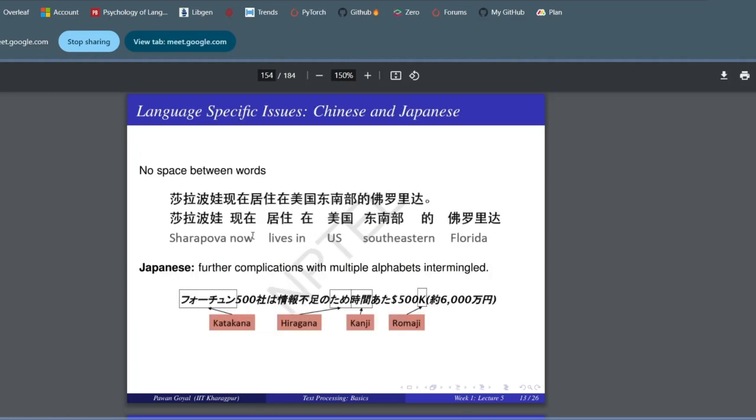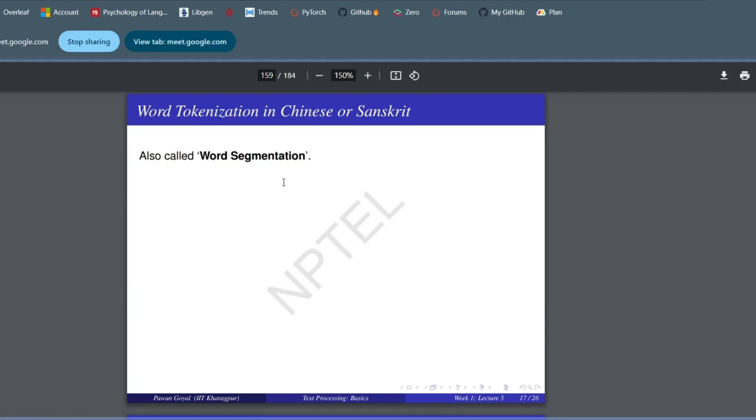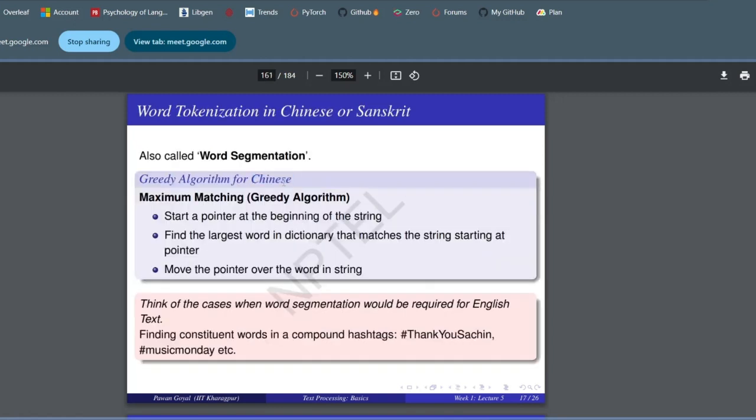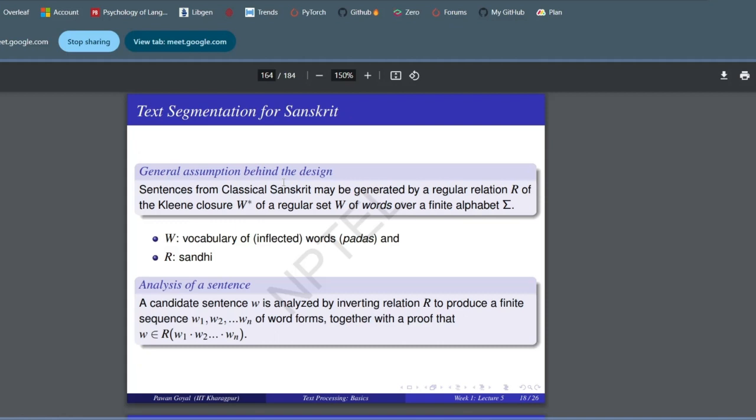So this is for Chinese, right? A greedy algorithm for Chinese specifically. I want to know about the Sanskrit one on the next page. Okay, sentences.